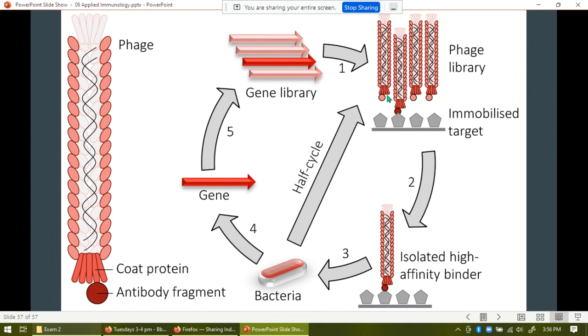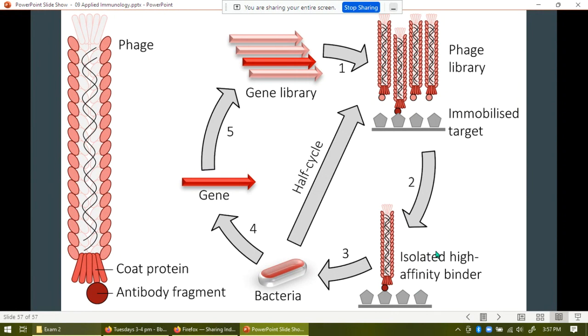And then you can pan for the phage library using antigen bound to a plate. And then you wash everything else out, and you're left with isolated high affinity binders, i.e. you're left with antibodies that are specific for your antigen. And then you can infect more bacteria with these phages, grow them up even more, and you can end up with phages that are only specific for the antigen.